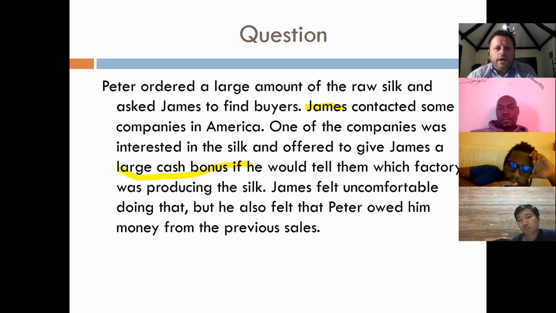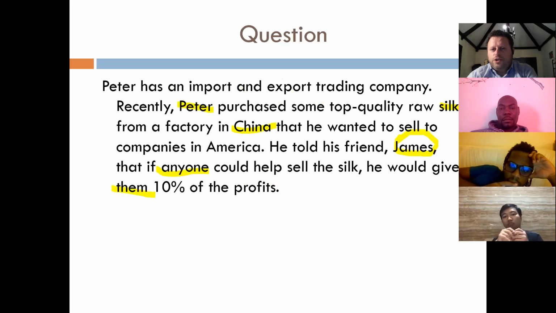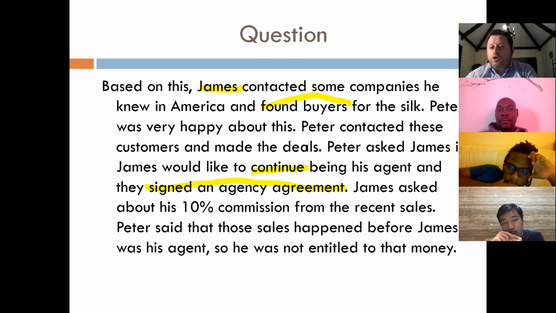The timeline, okay, so starting at the beginning, James had not done anything at the beginning. Peter bought silk and told James, hey, if anybody can help me sell it, I'll give them 10%. But James had not done anything yet. Now, because of this, James went out and started to look for customers and found some customers.